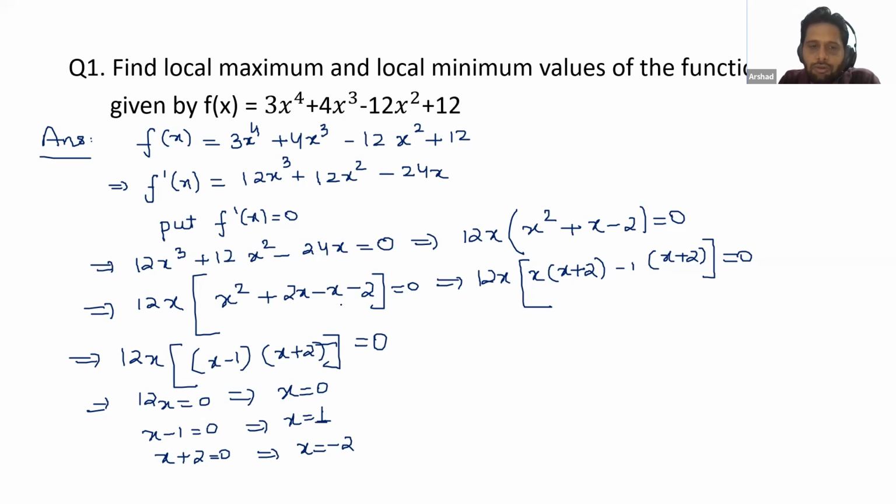So we have found the critical points, same method which we have done in increasing, decreasing. Now what we need to do is differentiate this again. First time we have differentiated, now we will again differentiate it.